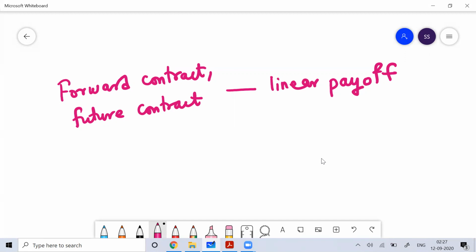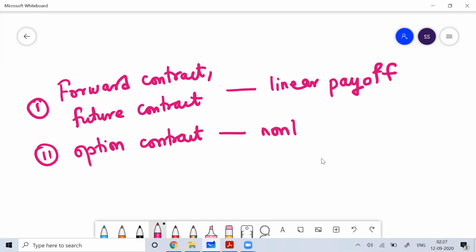Future contract and forward contract basically work on an obligation. Whatever the obligation is, you need to follow that obligation. So whenever you talk about future contract or forward contract, you have a linear payoff outcome. While when I talk about option contract, there's a possibility of non-linear payoff.